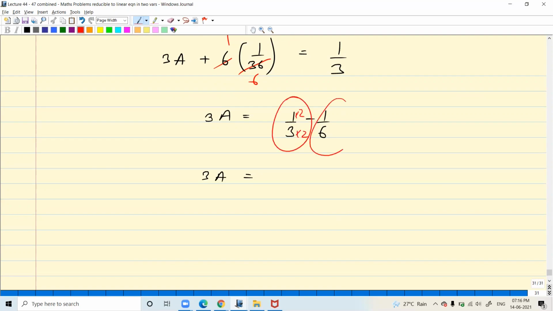This becomes 2 by 6. This becomes 1 by 6. So 2 by 6 minus 1 by 6 is 1 by 6.